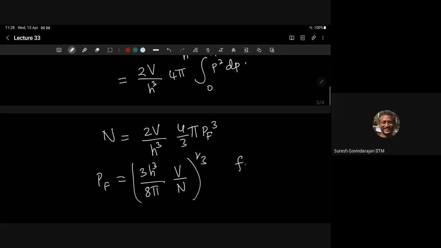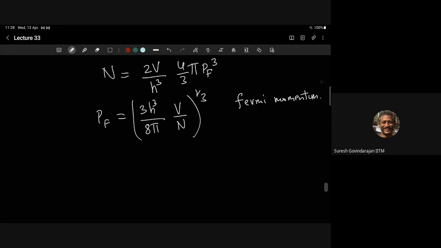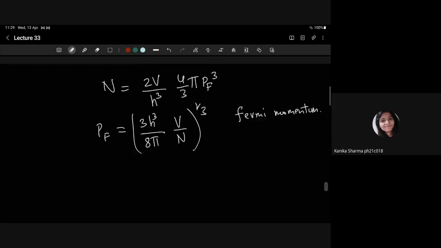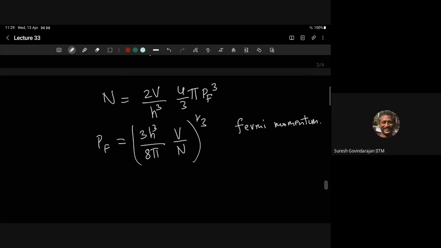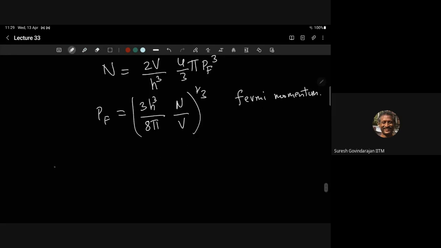So this is called the Fermi momentum. Okay, and we need some numbers.